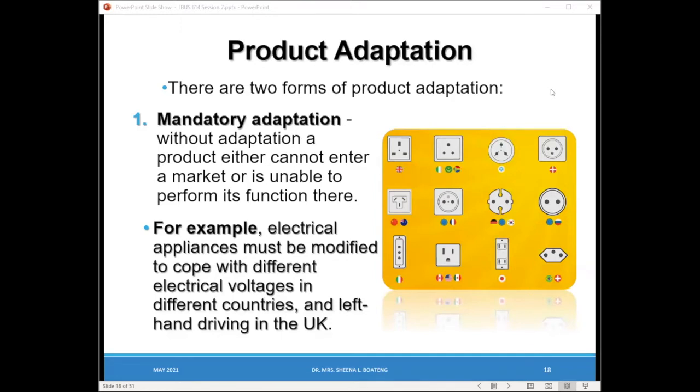The first one is mandatory adaptation, which is the kind of adaptation that is required by law, where without it, your product cannot enter a market or will be unable to perform its function there, right? So for example, we have all these electrical appliances that are designed for different countries or different markets.